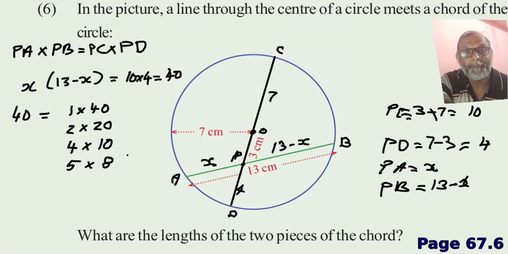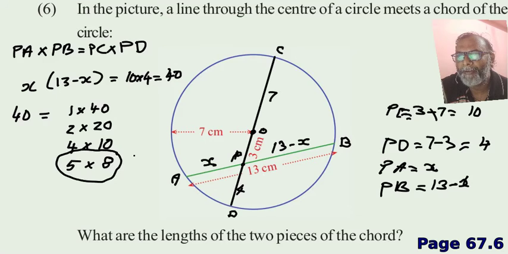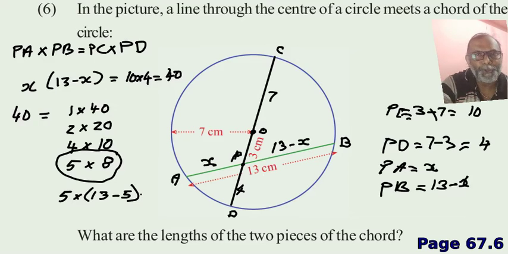All these are factors of 40. But if we consider the last pair of factors, that means 5 into 8, how will we get the value 8? By 13 minus 5. We can write it as 5 into 13 minus 5.